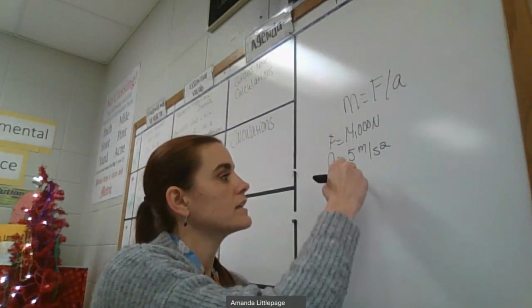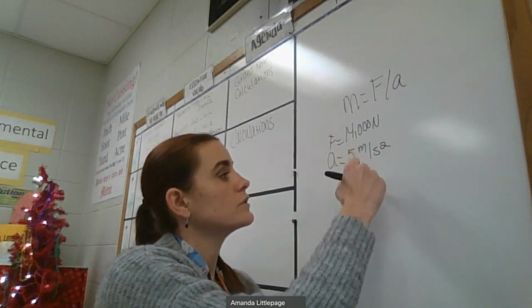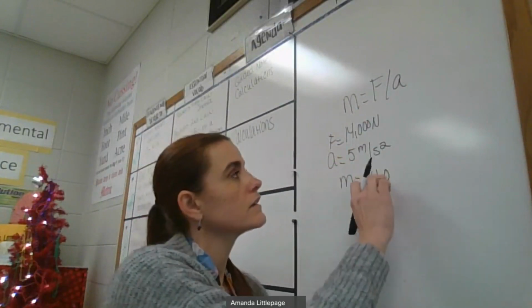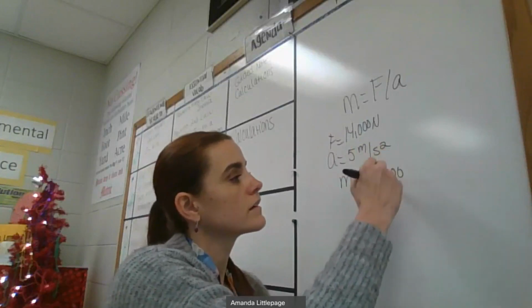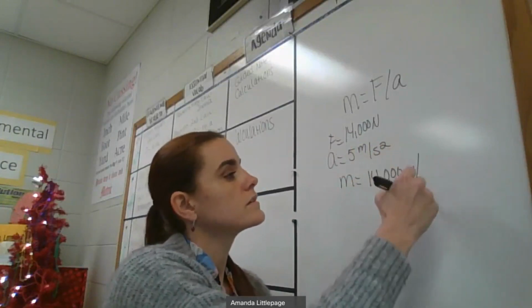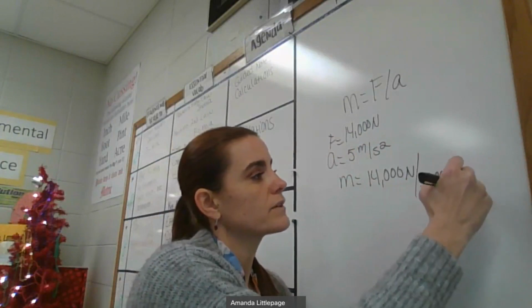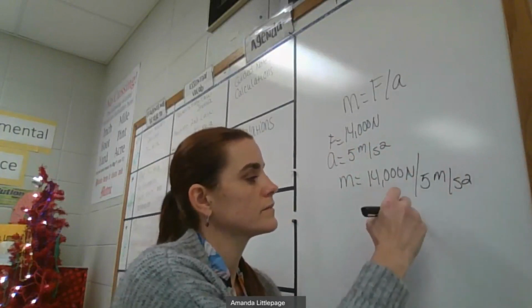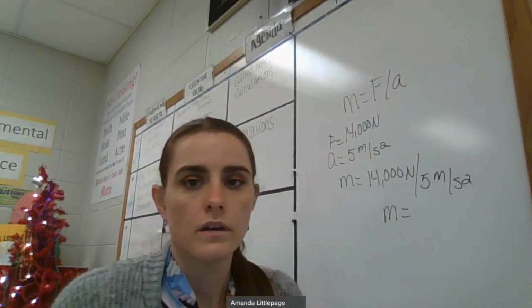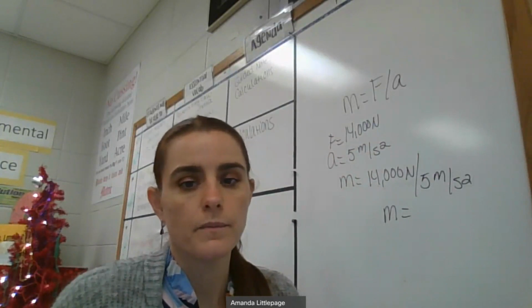We're going to plug those in. So mass is equal to 14,000 newtons divided by 5 meters per second squared.